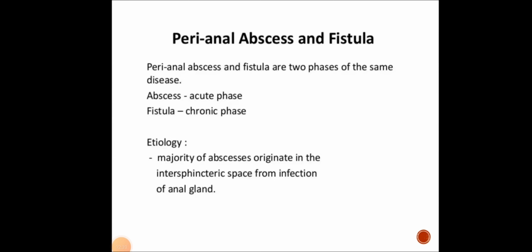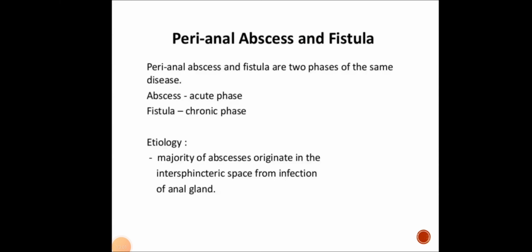Then we will use our finger. The finger should be passed into the abscess cavity, and again using the finger all loculi should be broken. After proper drainage is ensured, the skin edges are incised, that is, after breaking the loculi, if the skin edges are ragged, they have to be incised to keep the wound wide open.